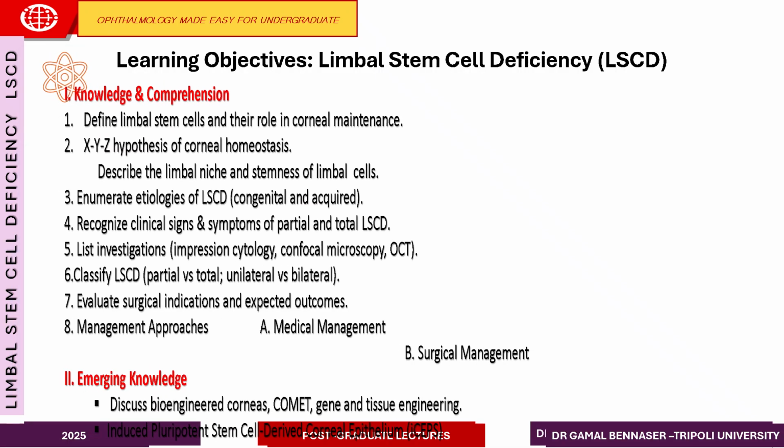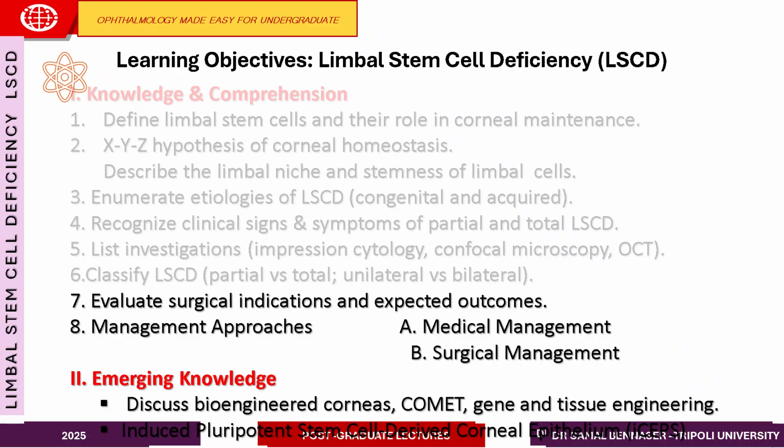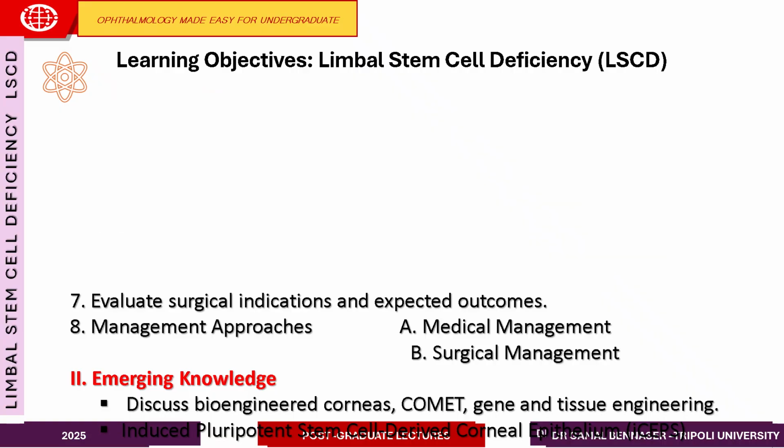Now we come to the next point in the learning objectives, which is the evaluation and determination of the indication for surgical interventions, and also planning the medical and surgical management.